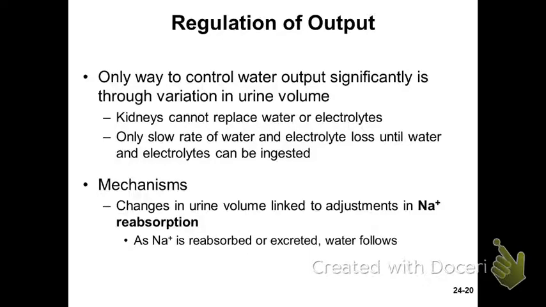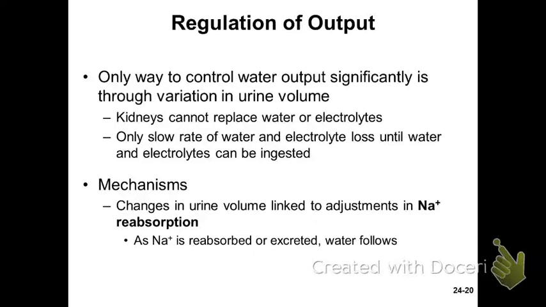Now, the only way to significantly change our water levels in our body is through urination, through the kidneys. It really is the only way to control significant amounts of output. The kidneys, however, cannot replace water or electrolytes.